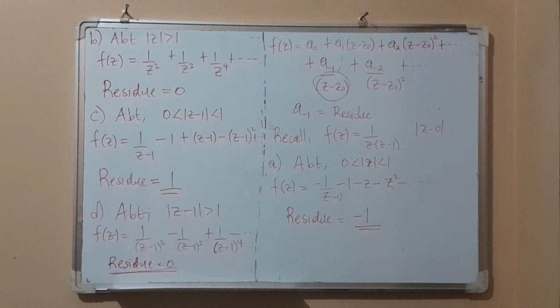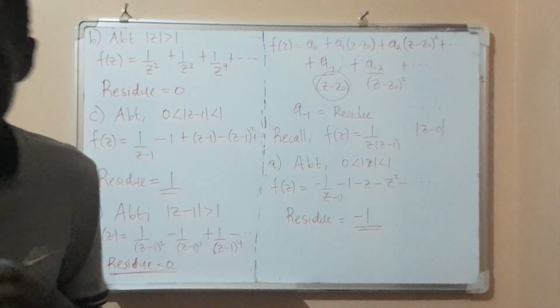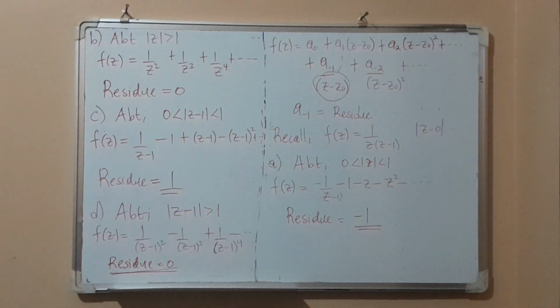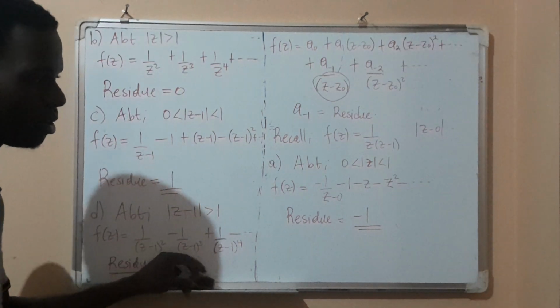So we can use the Laurent series representation of a function to obtain a residue. Now, what happens if at all we are not given these regions of validity? What shall we do? That is an important question which I'm going to answer in the next tutorial.